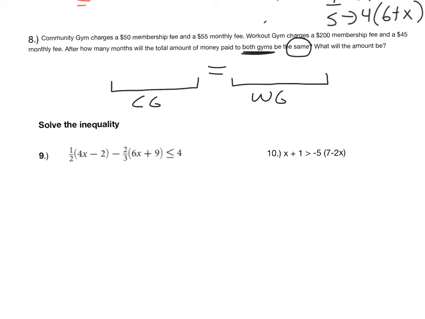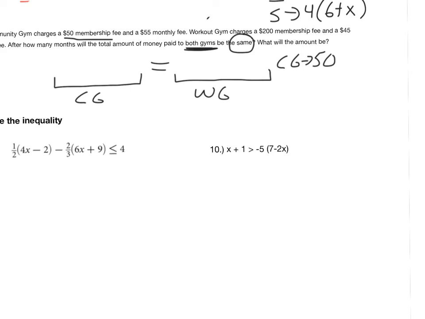So what do we know about community gym? We know the community gym charges a flat $50 membership fee, no matter what. So that's going to be 50. And an additional, I'm running out of space here, let me move a little bit. And an additional $55 monthly fee, right? So that's per month. Per means multiplication.